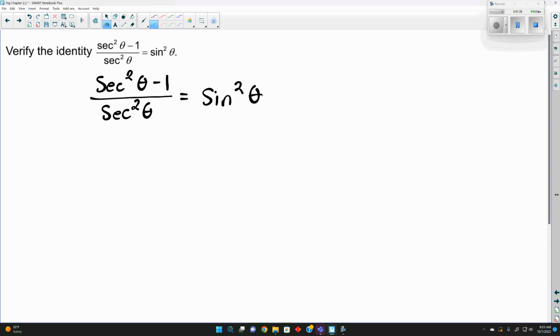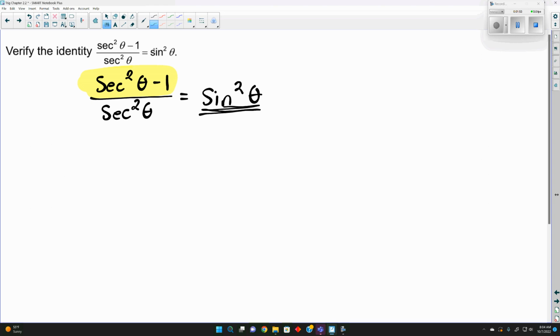Now, here we're really wanting to get to sine squared of theta. So, secant squared minus 1 and secant squared of theta, we can write these as sine squared or go in that direction. Looking at the top one, we do have secant squared of theta minus 1.